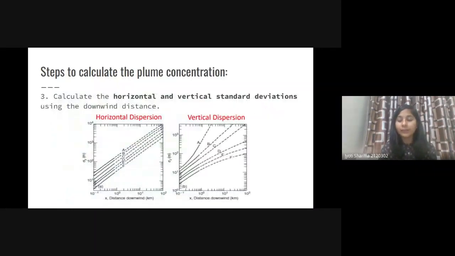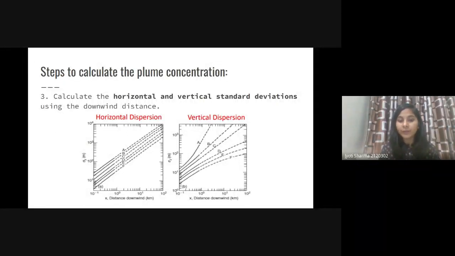Okay, then the third thing is you have to calculate the horizontal and vertical standard deviation. This can be calculated if you have the distance of the receptor from your stack. For example, you want to know the concentration at 1 kilometer from your stack. So your distance in x direction is 1 kilometer.